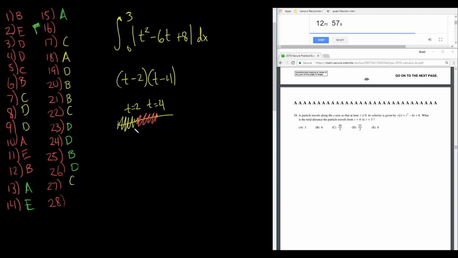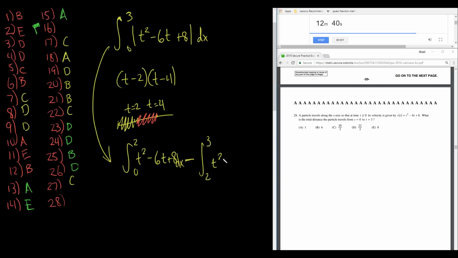So what we're going to do is say that this equals the integral from 0 to 2, where it's positive, of t squared minus 6t plus 8 dt, and then minus the integral from 2 to 3 of t squared minus 6t plus 8, to keep everything positive.